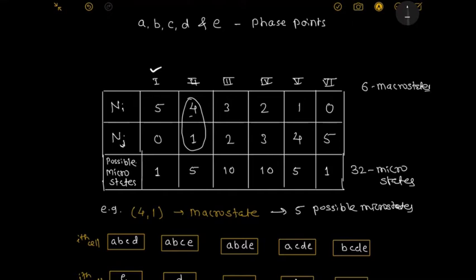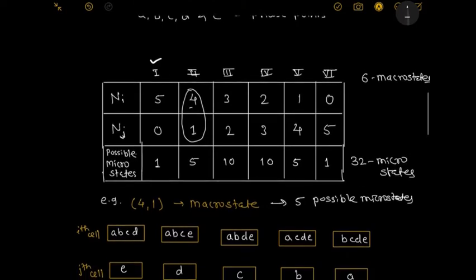In that manner, we arrange the other possibilities and we get 5 possible microstates corresponding to the macrostate 4 1. Similarly, we calculate how many possible microstates we get for the other macrostates.